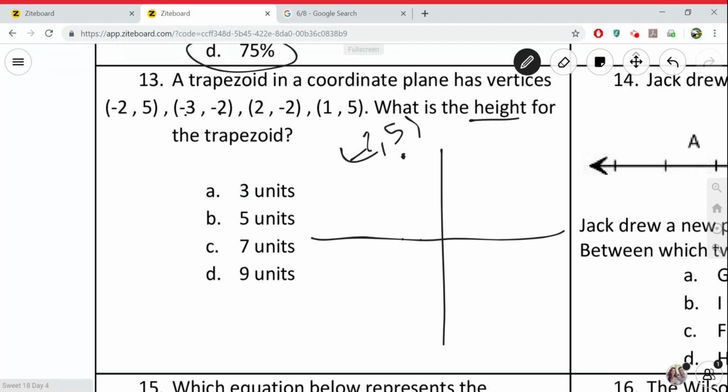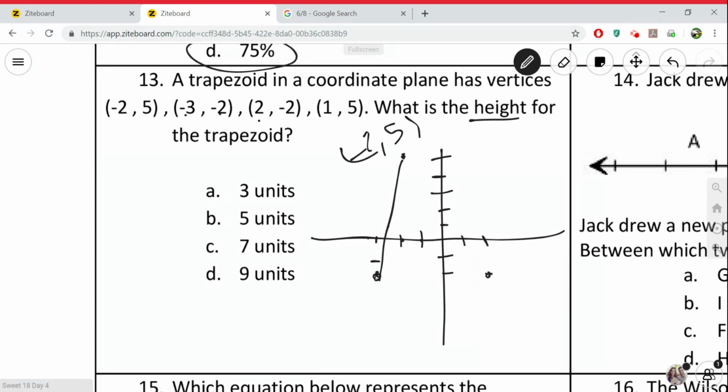Then I have (-3, -2). So I go 1, 2, 3, and -2. I went down here. So really, I can draw this and connect it. Then I have (2, -2), so I have 1, 2, and then -2 down here.